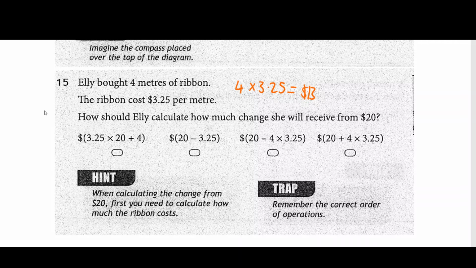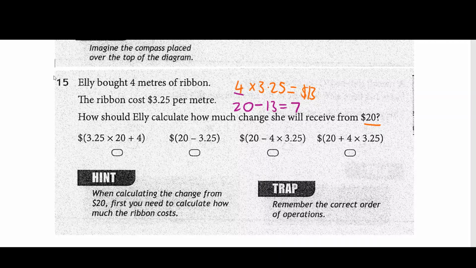How should Ellie calculate how much change she will receive from $20? Here's how she would figure it out. 20 take 13 is going to give 7. So she bought 4 meters of ribbon. It costs $3.25 per meter. So 4 times 3.25 gives 13. 20 take 13 leaves 7. So she receives $7 change.